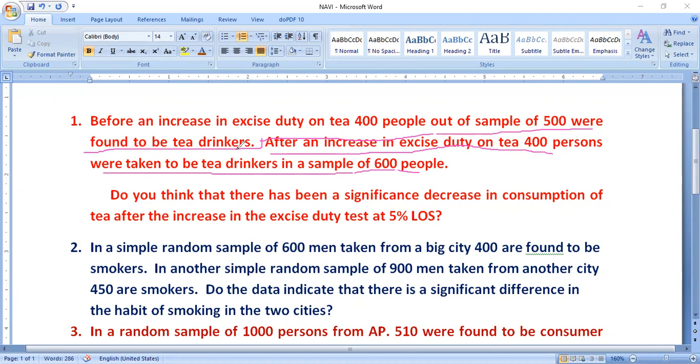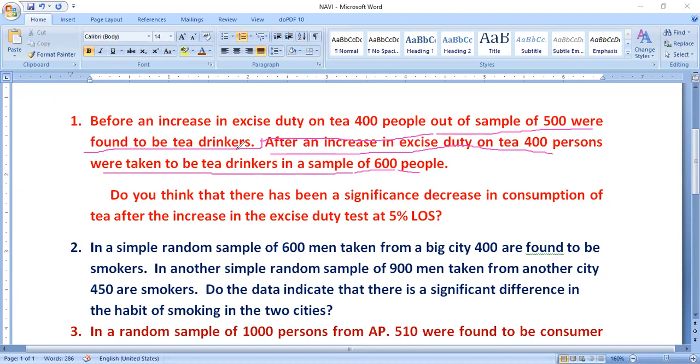Then the second step, setting up a suitable significance level. In this given question, only 5% is given. So at the 5% significance level, 95% is the confidence level, that is 1.96 is the Z critical value.